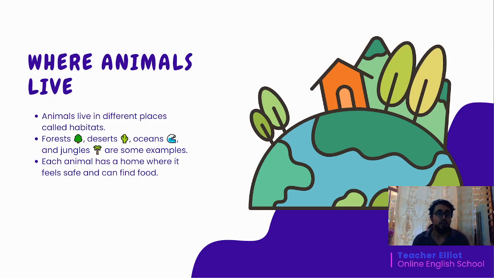It's very hot, and it is very difficult to find water. But even there, we can see different animals. The oceans, with a lot of water, where we find, for example, fishes and many more animals that can swim. The jungles. There are some examples, right? Each animal has a home where it feels safe and can find food to survive, right?